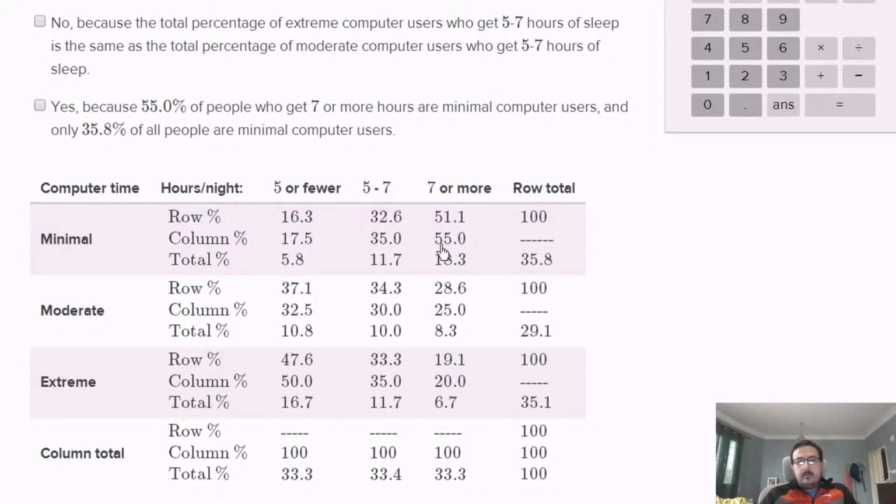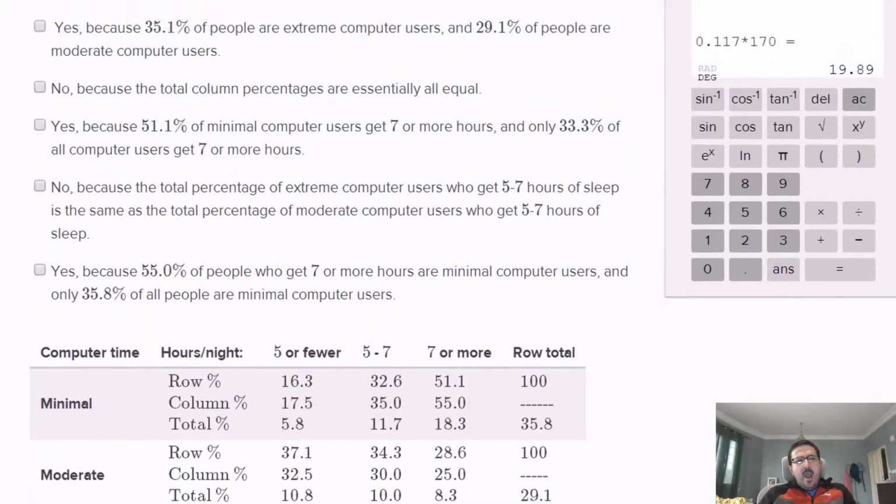And there's 3 categories, so for 55% to be minimal computer users, the minimal computer users are definitely disproportionately represented in this category of 7 or more hours of sleep. And you see that the extreme computer users represent only 20% of this category. So it does look like there is an association between minimal computer use and getting 7 or more hours of sleep. But let's look at the actual choices they give us.